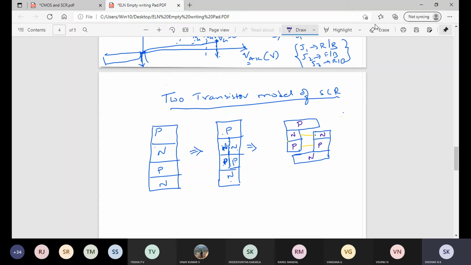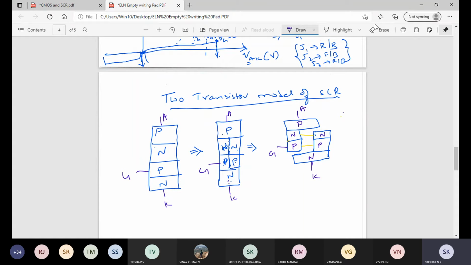I'll take out the gate from this region, and this is anode, and this is cathode. Similarly here also anode, cathode, and gate. That's what we have connected. So I can represent this something like this.